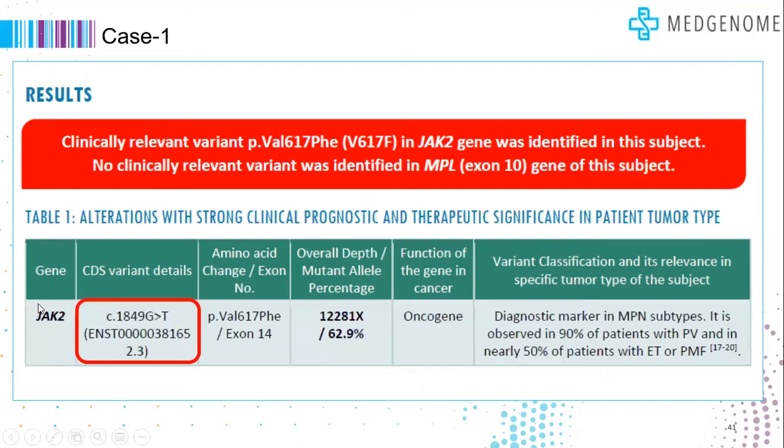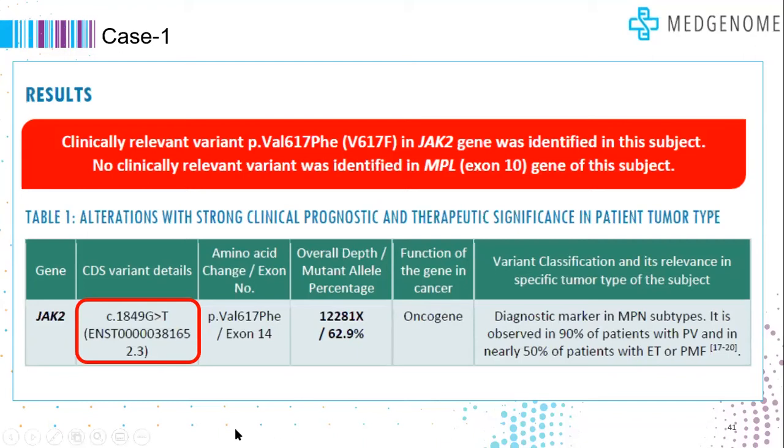So in the description, you can see that it is the JAK2 gene. Then we give something called a CDS variant detail. This is nothing but the variant position in the cDNA of the subject or the RNA of the subject. If you go back to the basics of DNA, DNA becomes RNA, RNA becomes protein. This RNA, we convert all the U's to T, it becomes a cDNA or the complementary DNA.